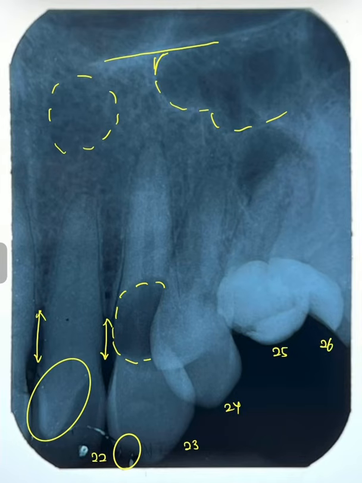At the apical 1/3 of the root, there is widening of PDL space as well as loss of lamina dura. Hence, the final diagnosis for 2.3 is root caries with chronic apical periodontitis, since the PDL space and the lamina dura are affected. And the differential diagnosis will be internal resorption of the root.